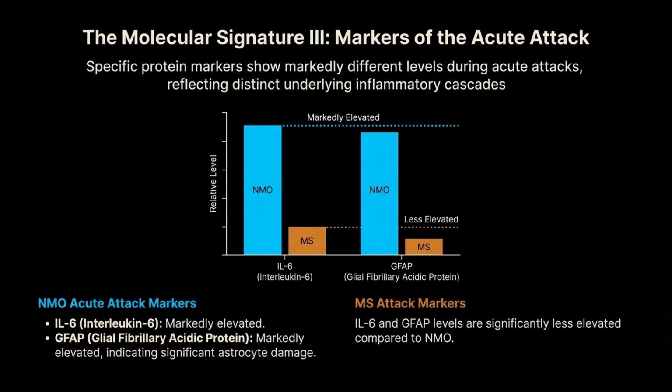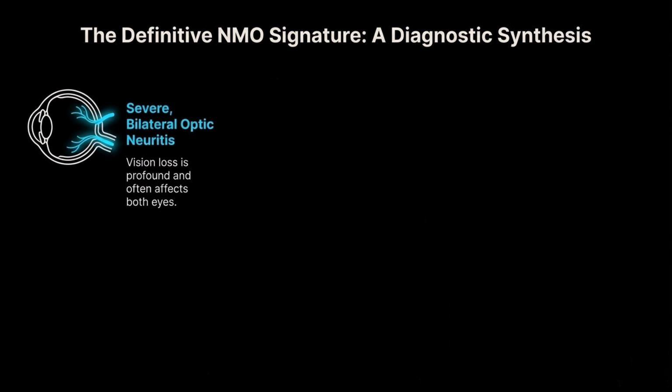In contrast, if we look at multiple sclerosis, shown in orange, the levels of both IL-6 and GFA are significantly less elevated compared to NMO. This difference in biomarker elevation provides another layer of evidence to help us distinguish between an acute NMO attack and an MS flare.